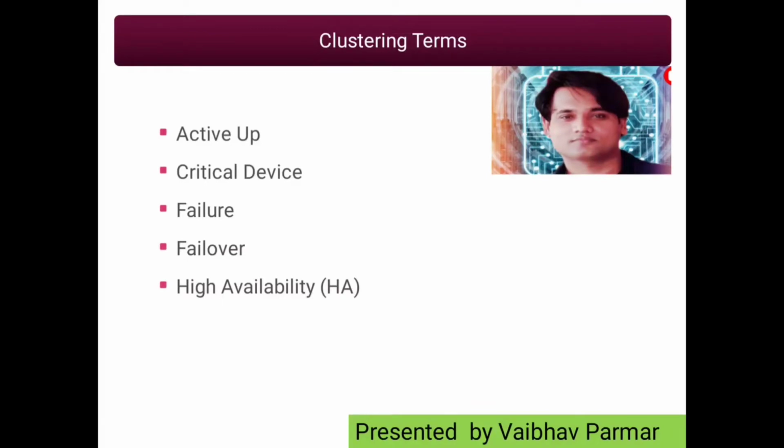If a failure occurs on the active machine, one of the other machines in the cluster assumes its responsibilities. Next is hot standby, also known as active standby. It has the same meaning as we explained in high availability.